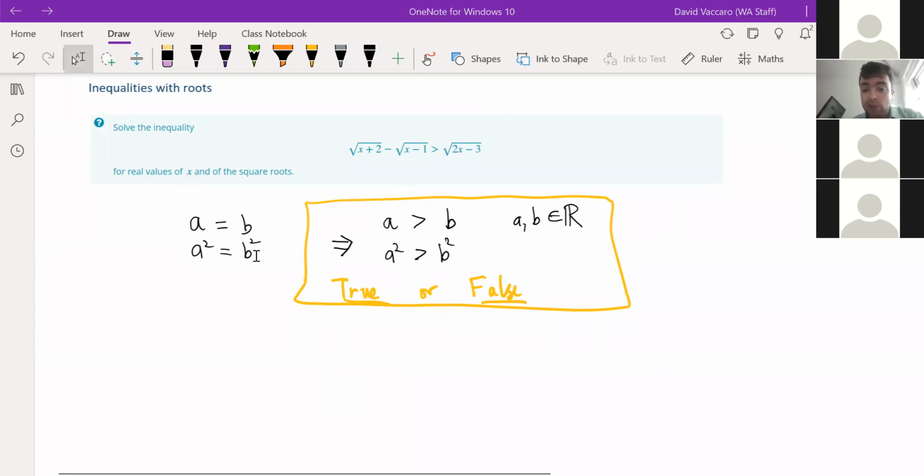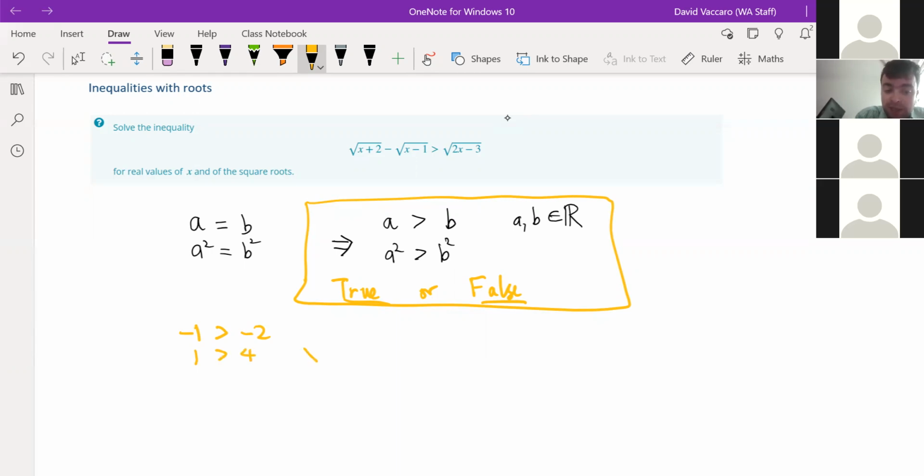Can anyone give me a counter example? Or can anyone tell me what I would need to say to make it true? Consider negatives. Excellent. I think you'll all agree that -1 is bigger than -2, but if I square both sides, 1 is bigger than 4 is definitely false.